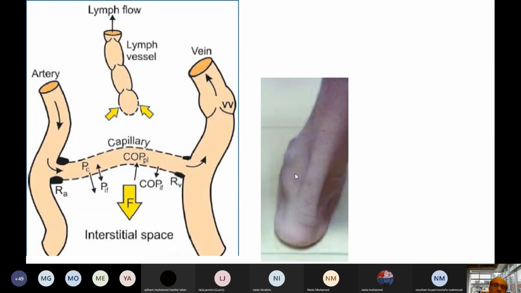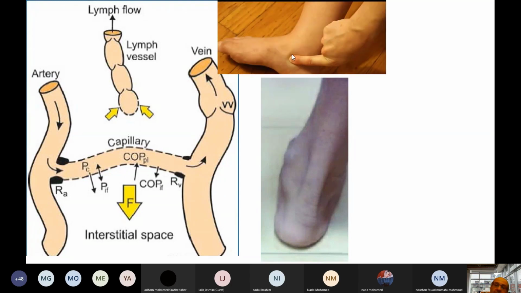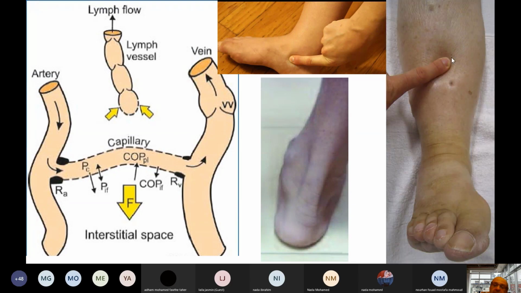The first part to see edema is the pre-ankle area, because the skin here is smooth and lax. So whenever the patient has edema here, it will appear obviously. And the edema in the venous system in most cases is pitting edema.